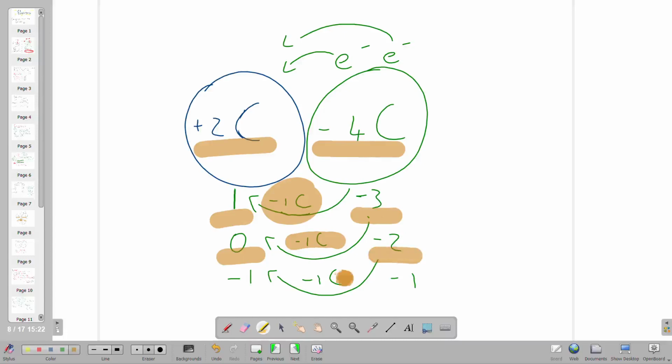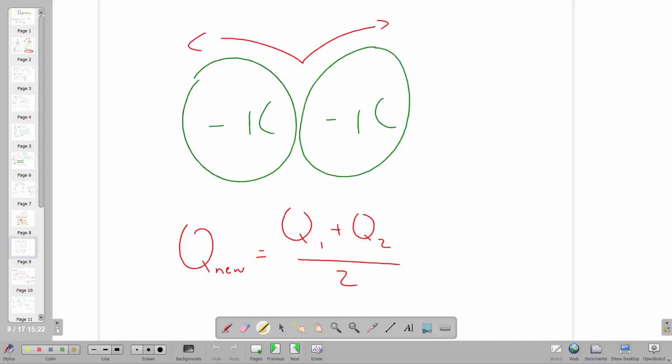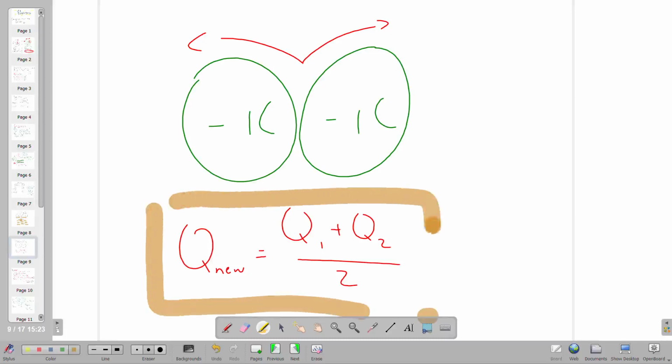I take another coulomb over, and then both of them have a charge of -1 coulomb. When both objects have the same identical charge, their flow of electrons will cease. There's no place for the electrons to flow to. So when both of them have identical charges, they will repel each other if they are charged, and we can calculate this net charge at the end with the following formula that you can see here, which you've used many times before.